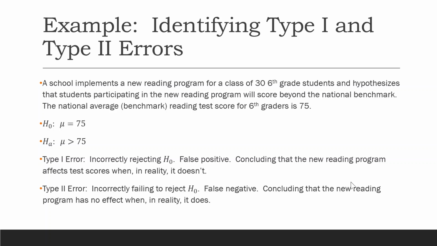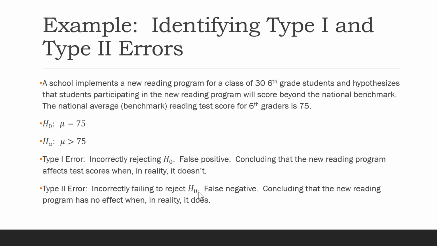A type 2 error, remember, we incorrectly fail to reject the null. So we will fail to reject the null. Some people used to say accept the null. But we're incorrectly doing that. Well, failing to reject is akin to having a negative test result.